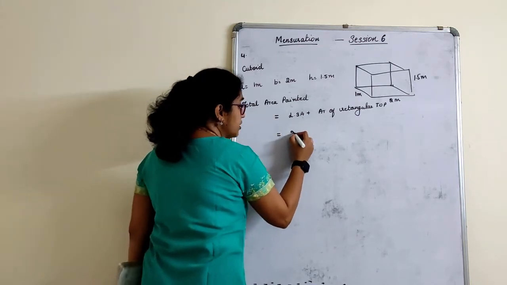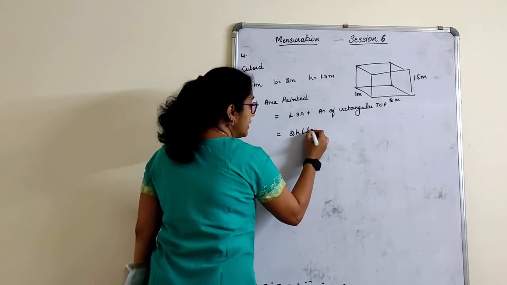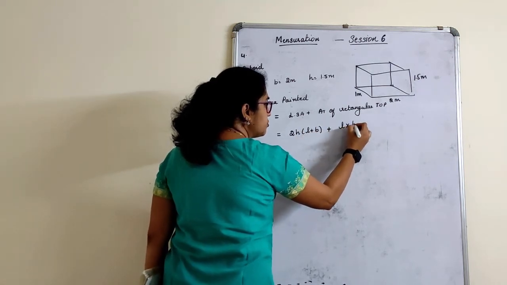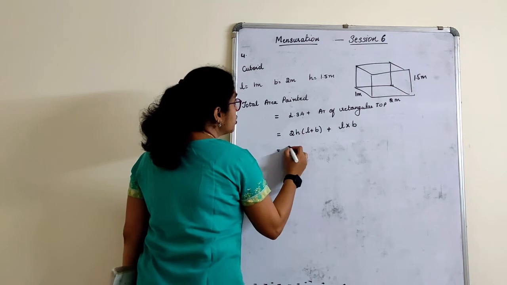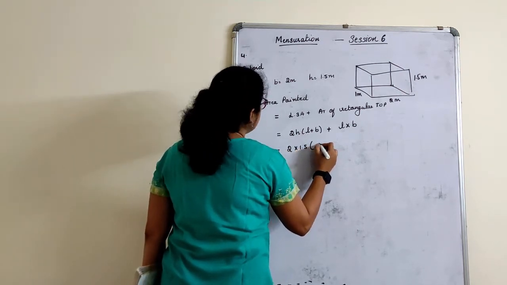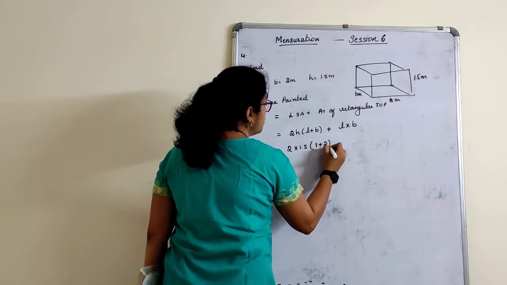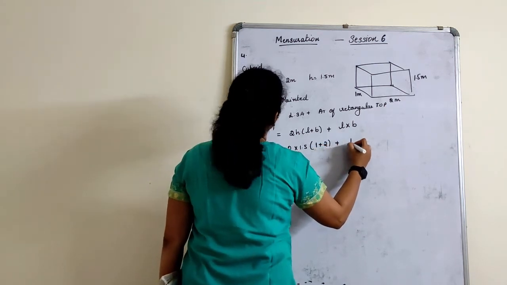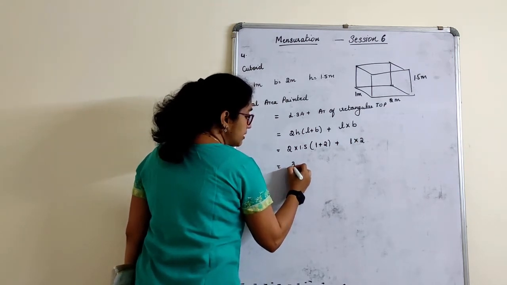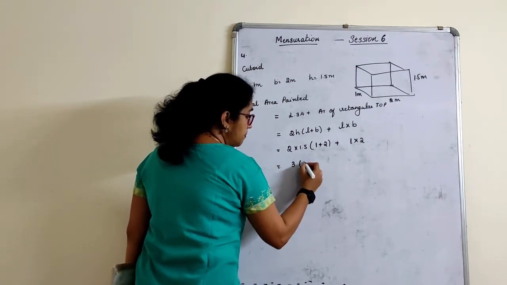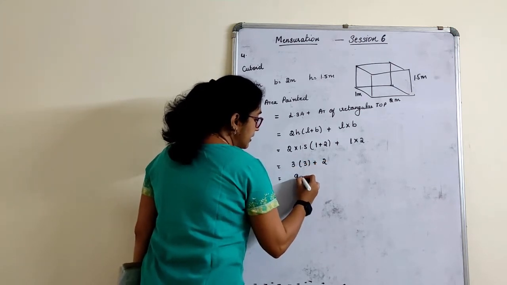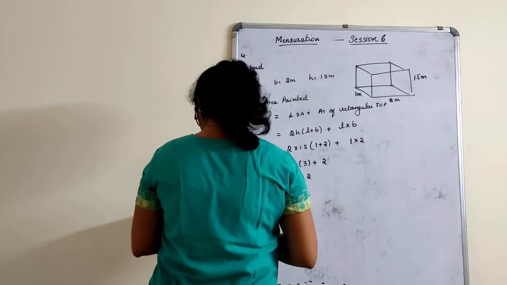LSA formula 2h of L plus B. Area of rectangle, length into breadth. 2h, h is how much? 1.5. Length 1 plus 2 plus length into breadth 1 into 2. 1.5 twos are 3.0, so 3. 1 plus 2 is 3, plus 2. 3 threes are 9, plus 2.